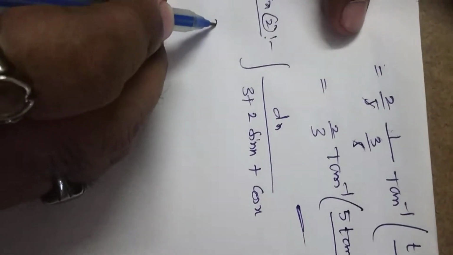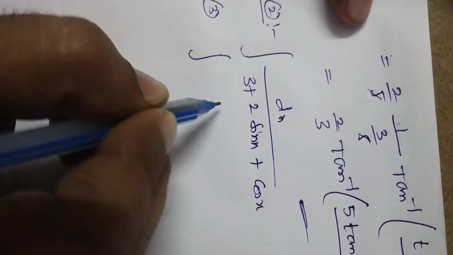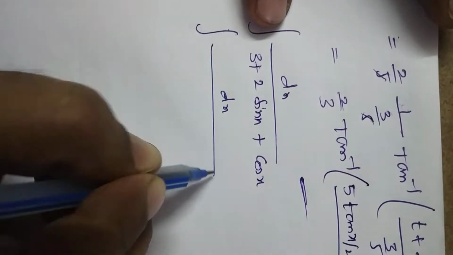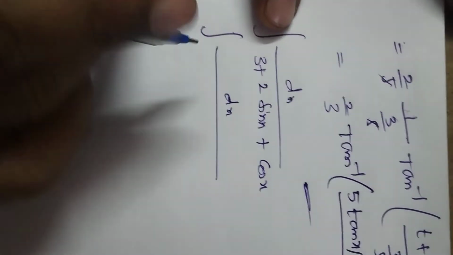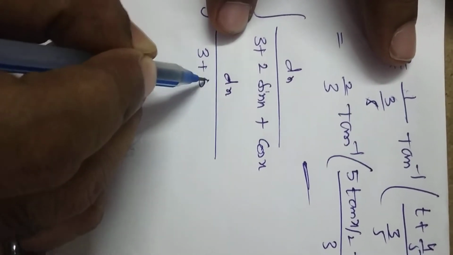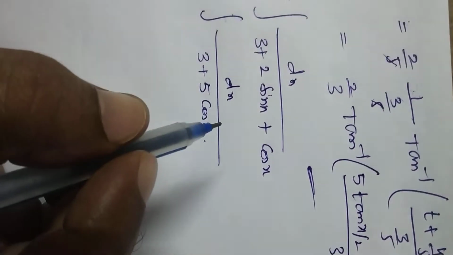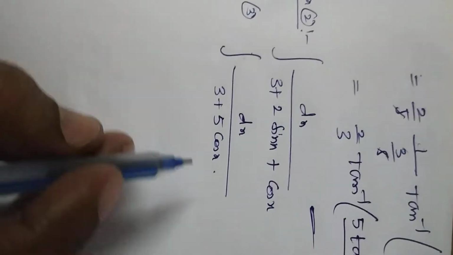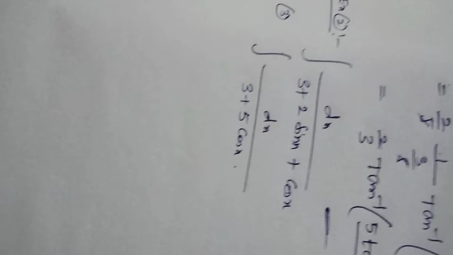Next, example number 3, integration of dx by 3 plus 5 cos x. Okay, so you try to do these two examples.